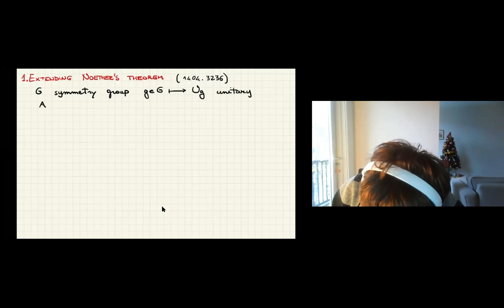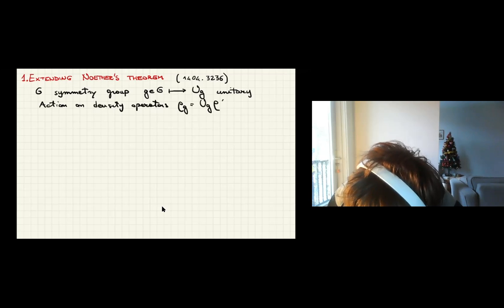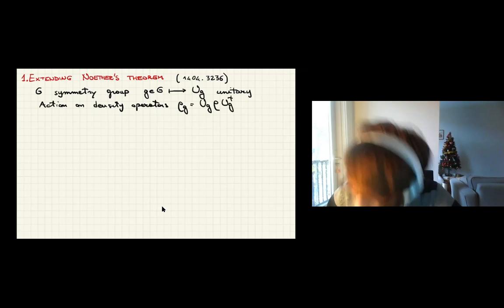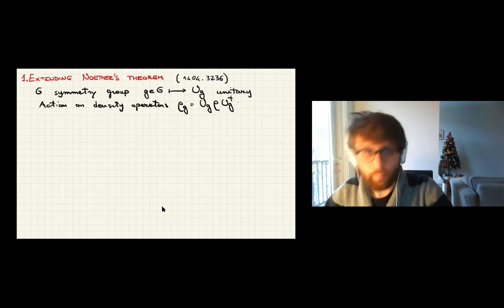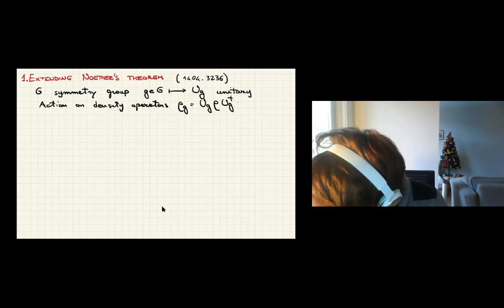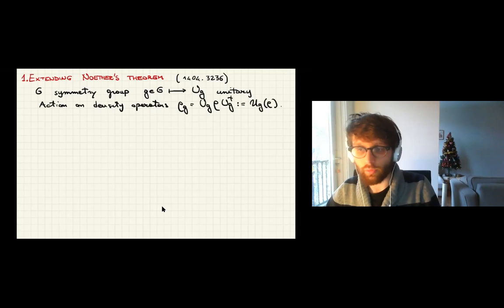Of course, the action on density operators is by conjugation, as always. Okay. And because these kinds of expressions appear all of the time, it can be useful to shorten them in this way. So by this curly U, this is what I will mean.